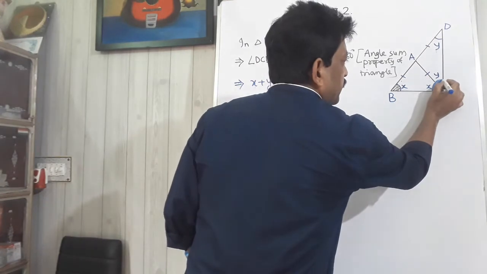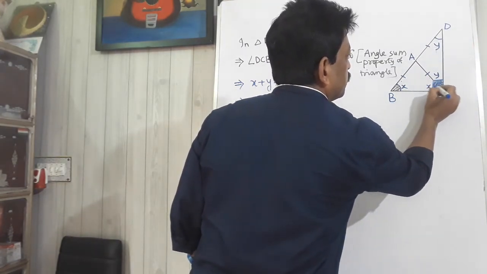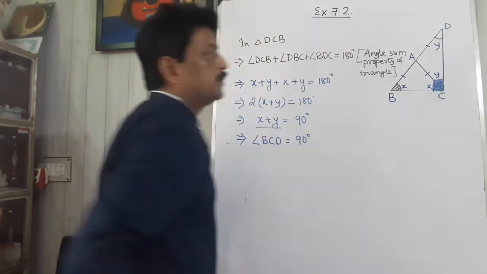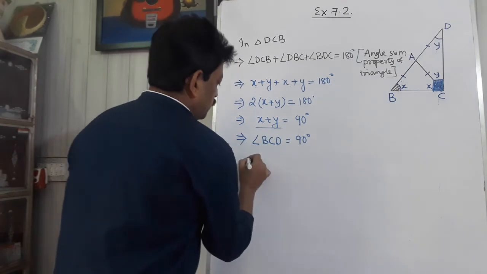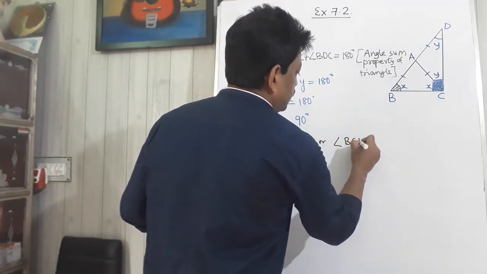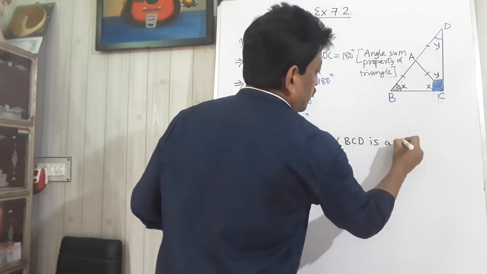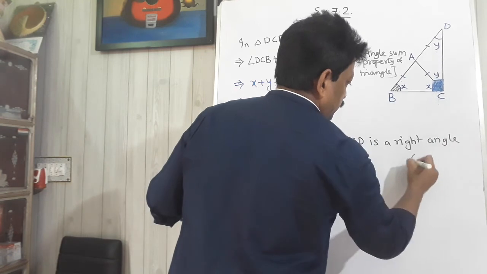This angle is forming a right angle. Therefore, this is the proof, or we can write angle BCD is a right angle. Proved.